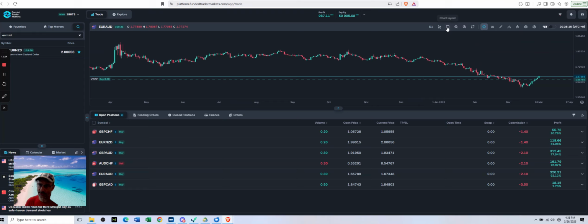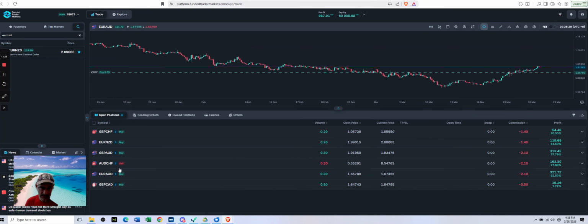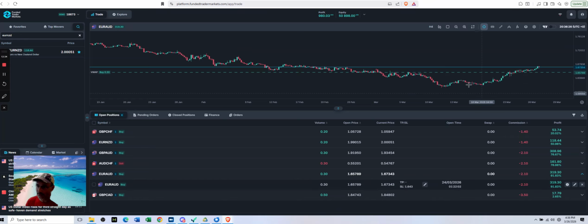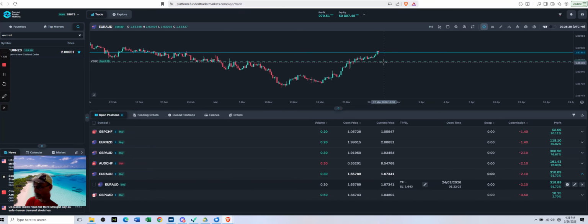And let's see, this is Euro Aussie. Let's see where my stop loss is on this. I think I did move this last night. My stop loss right now is at 1643, which is just below this candle here. So I don't think I changed it.